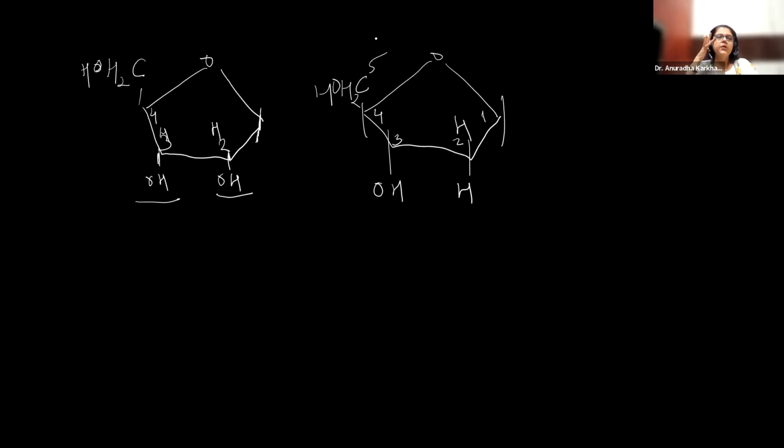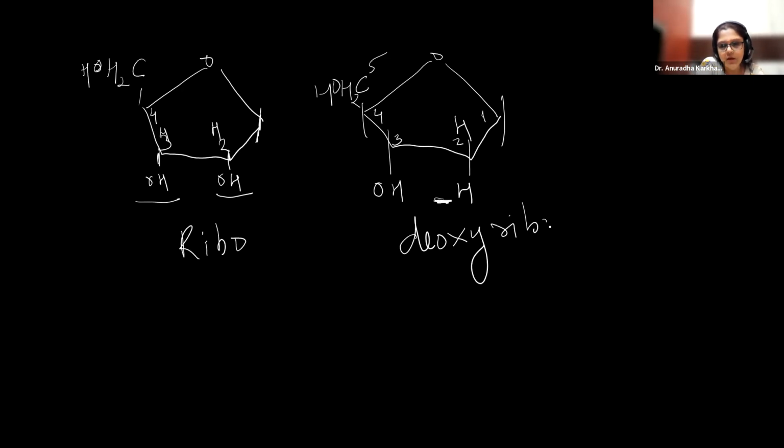So here you can see on the second carbon there is one oxygen missing, one oxygen less, इसीलिए इसको हम क्या कहते हैं, deoxy, and this is your ribo, this is deoxy ribo. समझा? जिनको confusion था कि what I'm talking about.